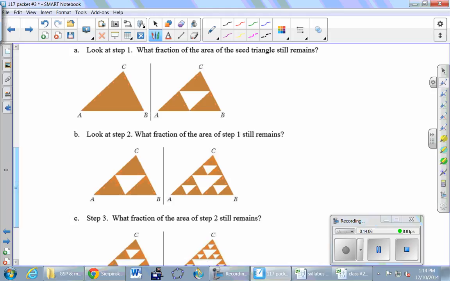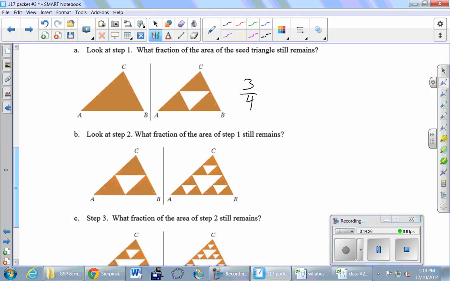So let's see what we're doing here. At step 1, the question is, what fraction of the area of the seed triangle, the original filled in one, still remains? What fraction is still shaded in step 1? It's 3/4. We buy that, right? So we have 3/4 of the area that we had before.